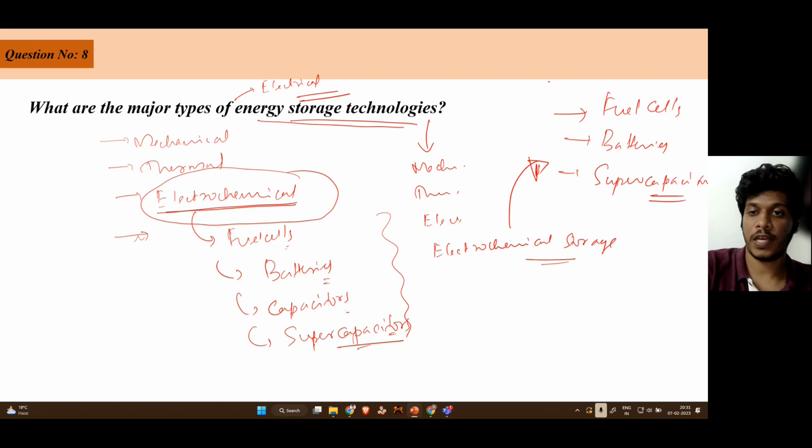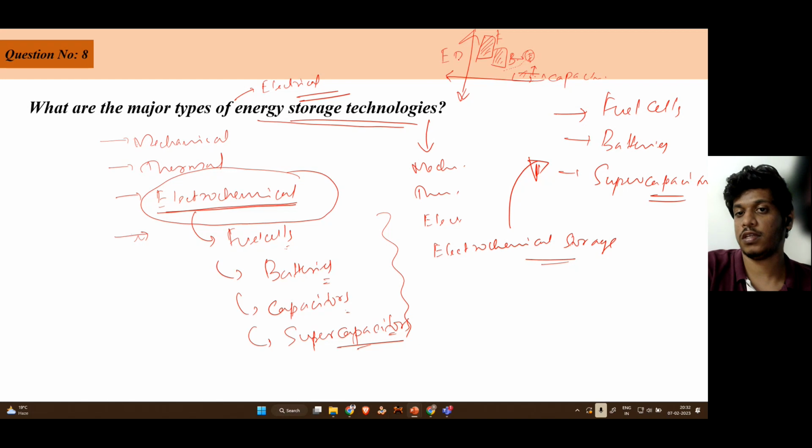Okay, so we have seen this earlier also. Now I can talk about the Ragone plot. From the Ragone plot, you can see fuel cells have very high energy densities, whereas capacitors have very high power densities, and batteries lie here. Supercapacitors go to a range with both higher energy density than capacitors and higher power density than batteries.